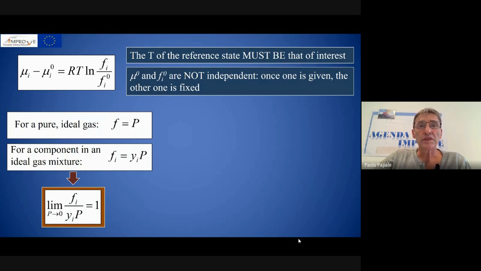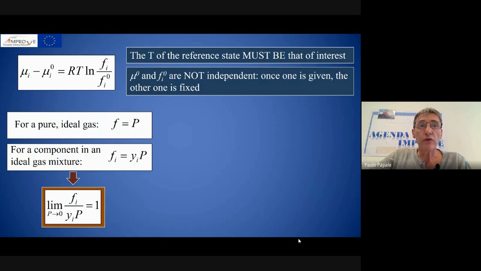Accordingly, whatever we develop in the course of this training module, and in particular, our modeling of gas-liquid equilibrium in natural magmas, will be based on real as opposed to ideal thermodynamics. In the real world and in real thermodynamics, fugacity and pressure, or fugacity and partial pressure, when talking of components in mixtures, do not coincide.